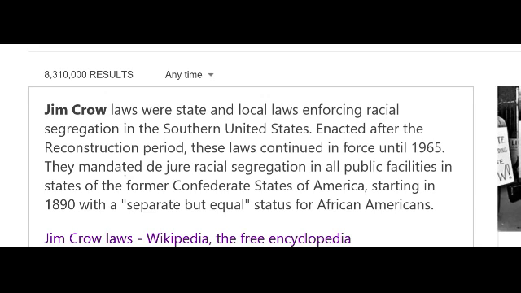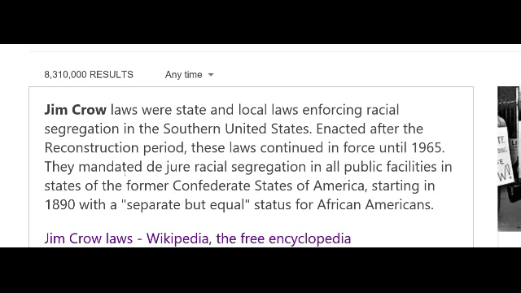It is not equal status. These different levels of status are not equal. And so when people say black lives do not matter, or try to say that black lives do matter, what they don't understand is that there is a status difference.